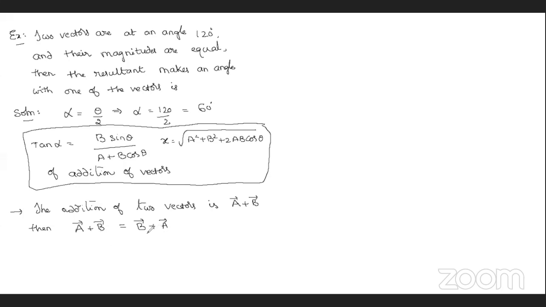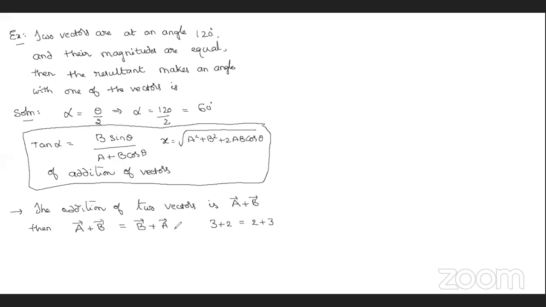In mathematics, if I ask 3 plus 2, is it equal to 2 plus 3? Without a second thought, you say both are equal. 3 plus 2 is 5, 2 plus 3 is 5. But here, straight away you are saying A bar plus B bar equals B bar plus A bar. With what confidence are you saying that?